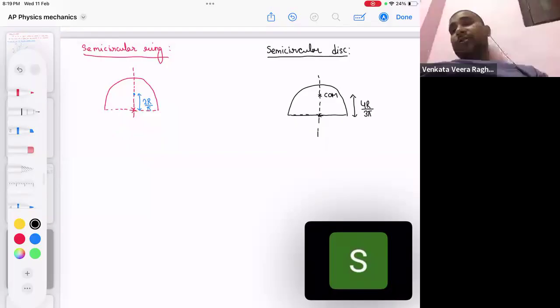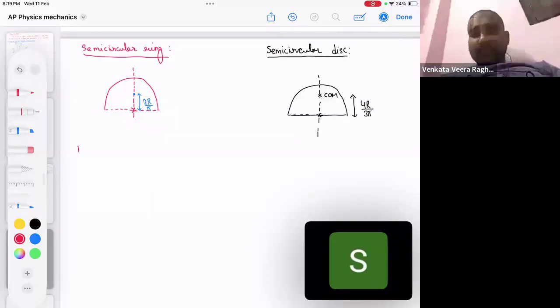Okay. Next one is the hollow hemisphere. You can say that, or you can also say hemispherical shell. A hollow sphere is also called a shell. So what is the other name of the hollow hemisphere? Its other name is hemispherical shell.